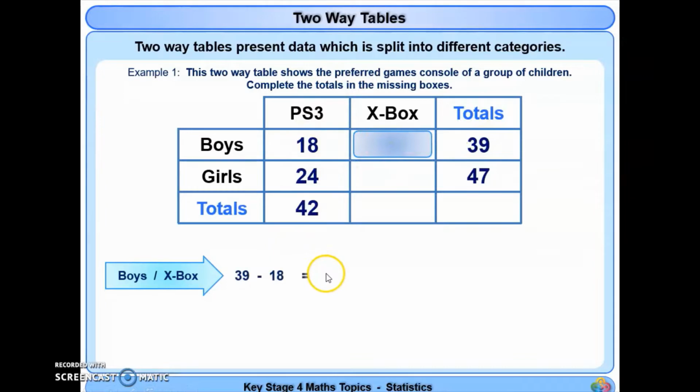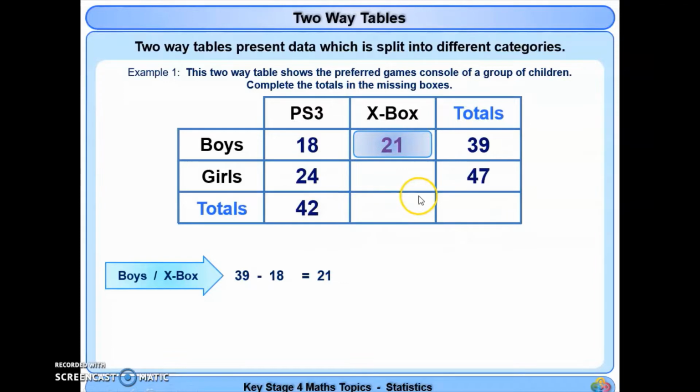That's going to tell us that the missing value is 21. And look how the line now reads correct. If there was 18 boys here, added to 21 boys here, we have a total of 39 boys here. So the data is correct in this line.